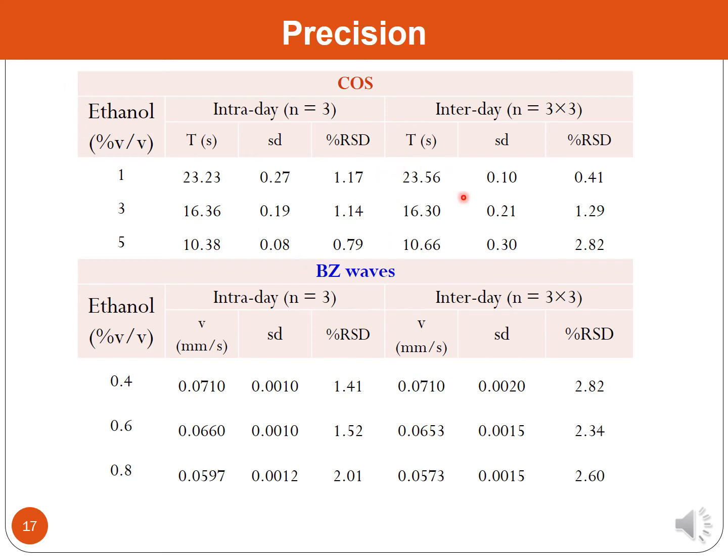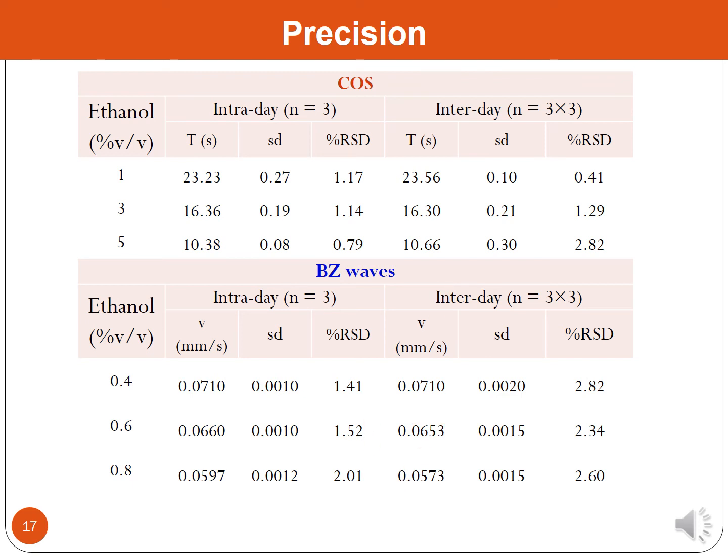From this result, we found that COS provides a lower percent RSD than BZ wave, in both intraday and interday precision. This indicates that the COS method has higher reproducibility and precision than BZ wave.